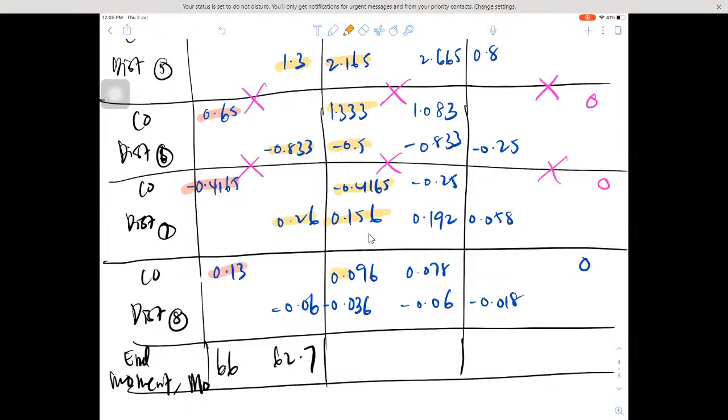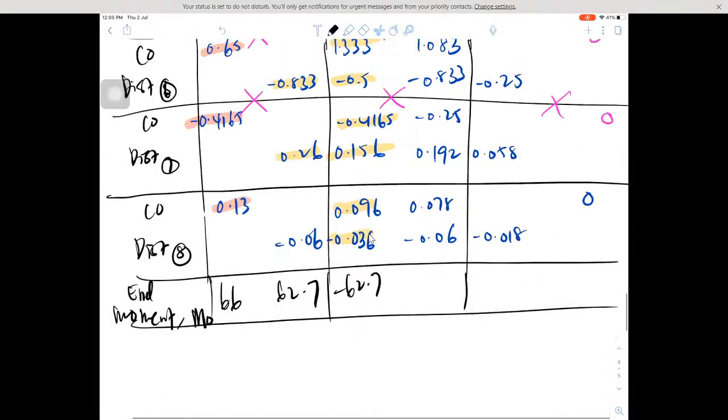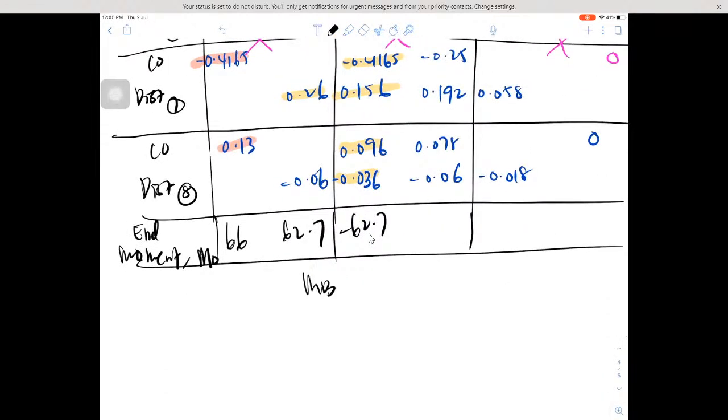It is negative 62.7. Okay, so MD is equal to 0.